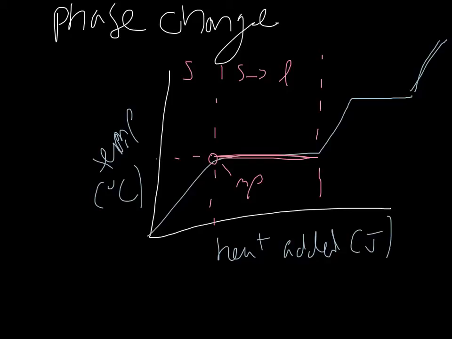Alright, now we have another plateau, right? You probably figured out this is a liquid, and then right here it's going to be the boiling point. So again, another plateau. The temperature is not going up because the energy isn't used to increase the average kinetic energy.